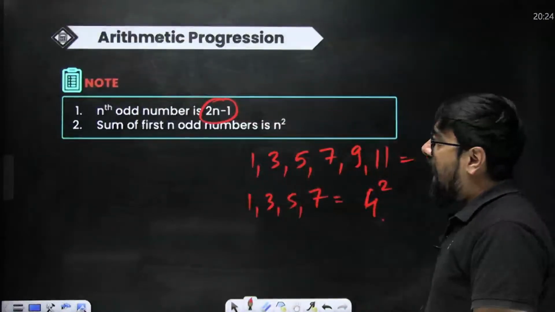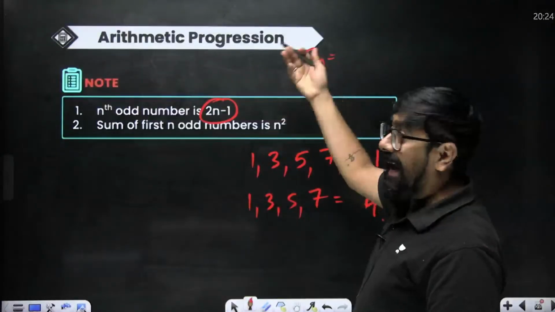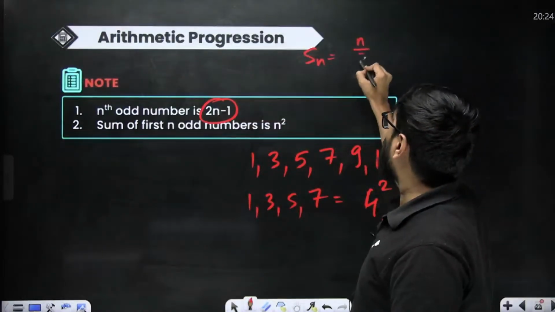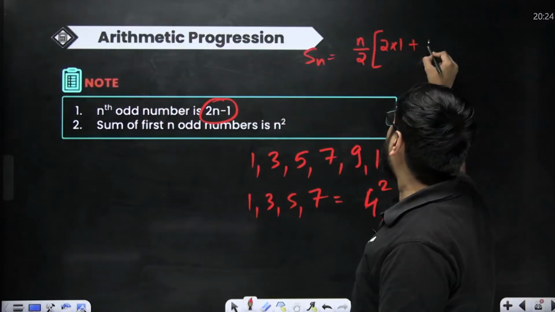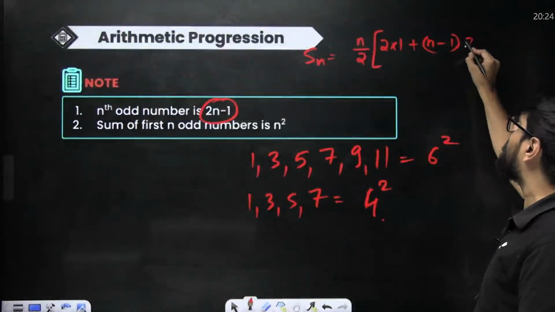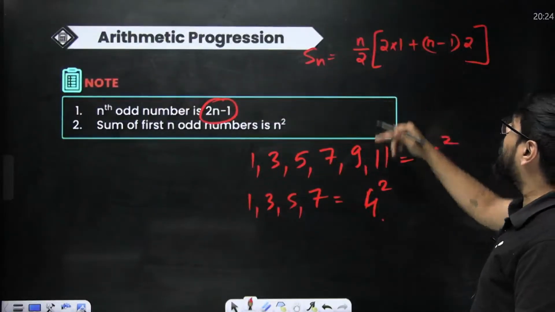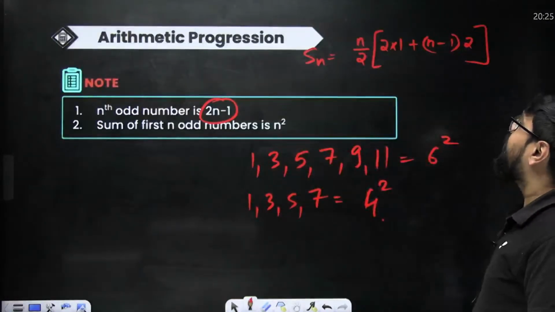And how is this coming? Sum of n terms, sum of n odd numbers: n by 2 multiplied with first odd number, 2 into 1, plus n minus 1 into common difference. What is the common difference between odd numbers? 2. When we solve this, it comes out to be n square, nothing else.